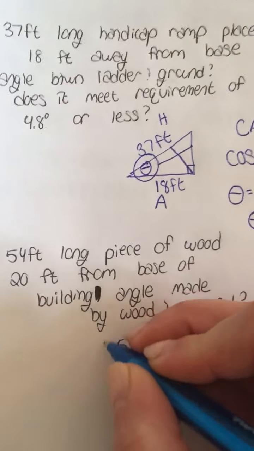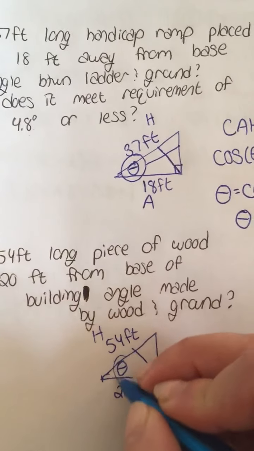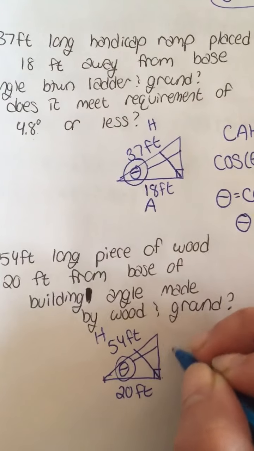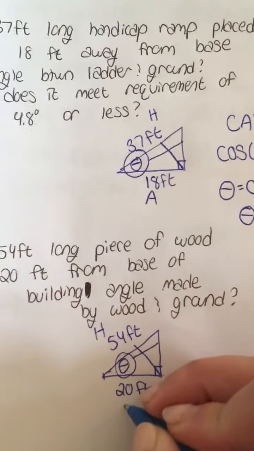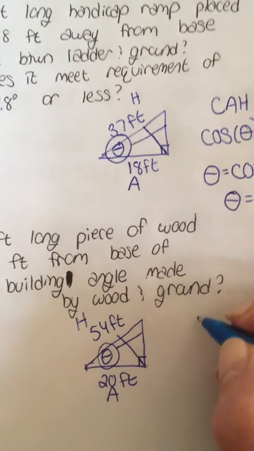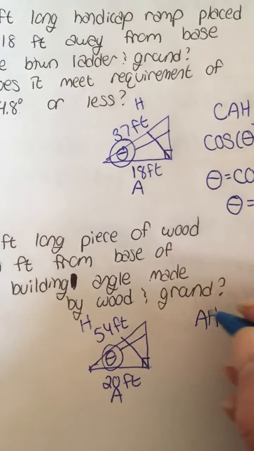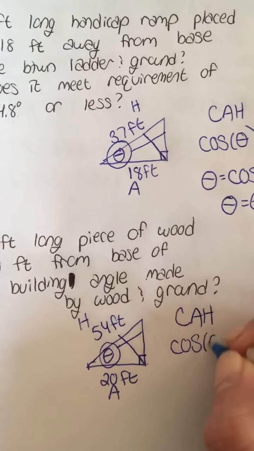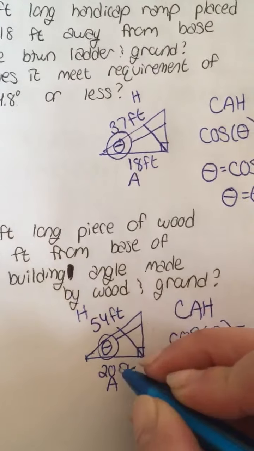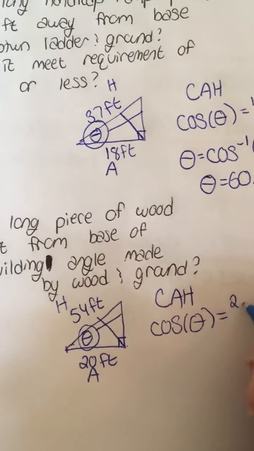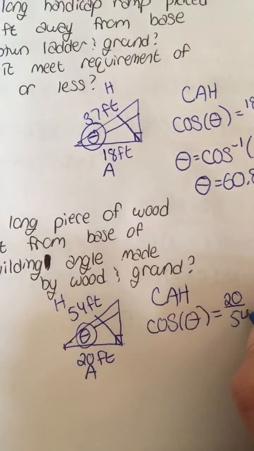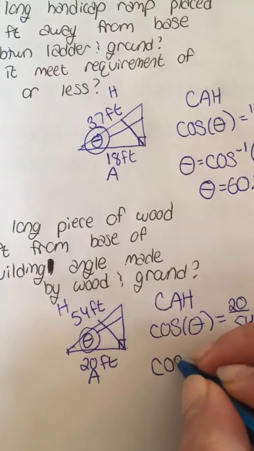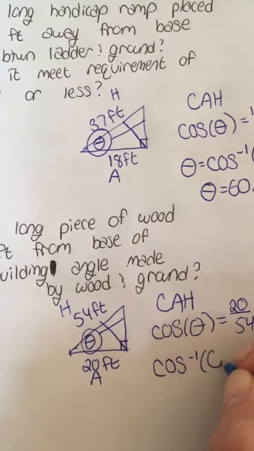So from 90, that's your H, hypotenuse. From the angle you need would be O, but we don't need it in this problem. And we have the adjacent. So again, we have CAH, which stands for cosine, and cosine of the angle equals adjacent over hypotenuse, 20 over 54. And again, you are finding the inverse function.